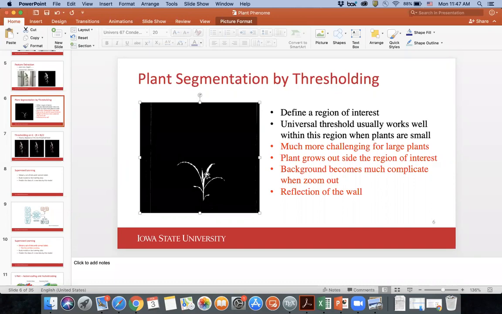So in some cases the leaves will break into pieces. In those cases, it will not affect the measurement of plant height or plant width, but it will affect the plant size to some degree. Okay, does that answer your question?